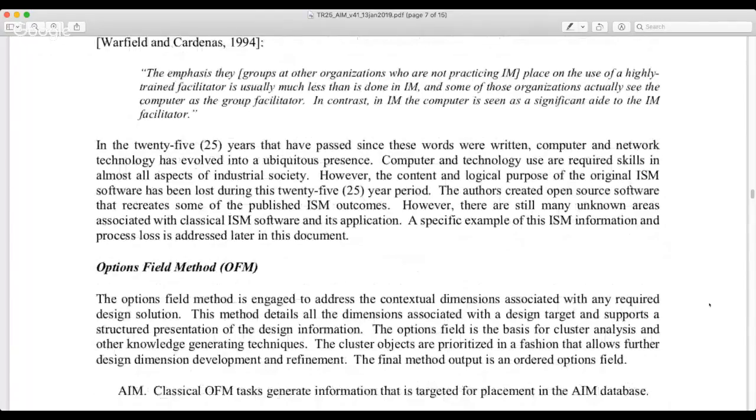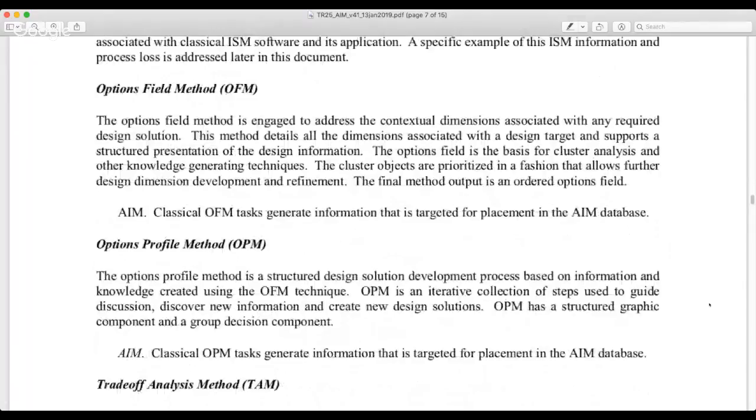The options field is very interesting, and the options field method and the options profile method are a way of defining and structuring spaces for suitable designs and acceptable designs. And it's an iterative type of process that you go through.